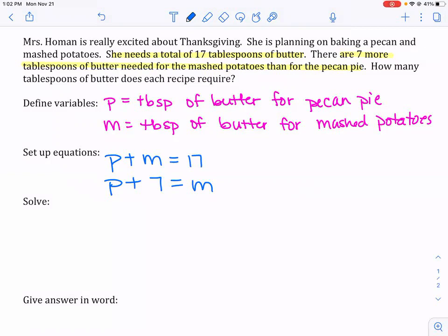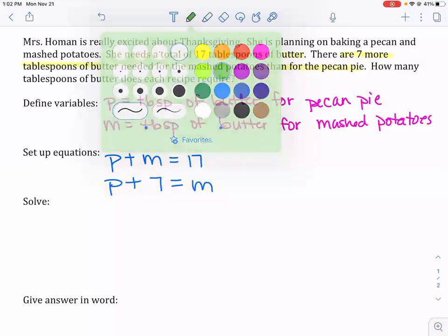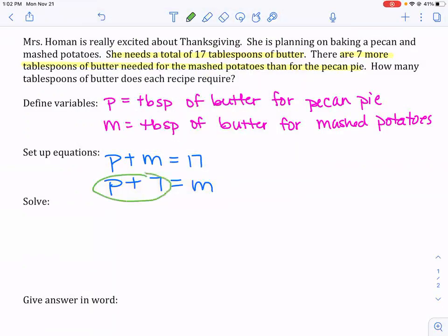Okay, so now let's talk about how we're going to solve this. I feel like this is set up perfectly for us to do what we did on Friday, isn't it? What did we do on Friday? Well, since M equals P plus 7, I can plug P plus 7 in for M, right? Let's do it. P plus M equals 17.